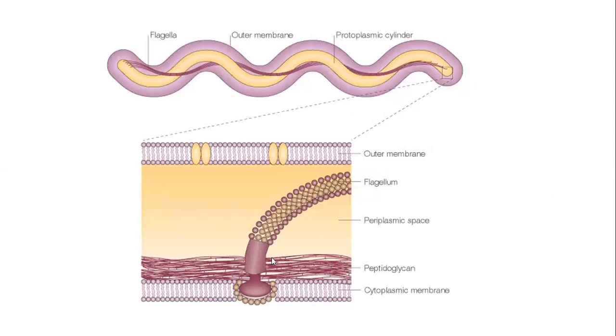In this picture, you can also see the filament or flagella, which are connected with a specific blepharoplast. The place where the flagella are connected with the cytoplasmic membrane is known as the blepharoplast.